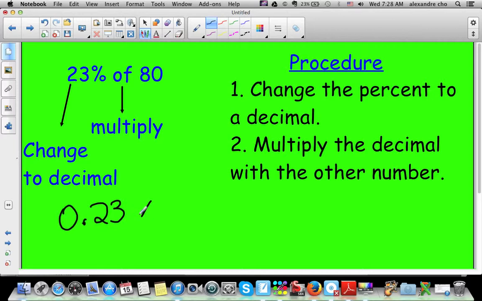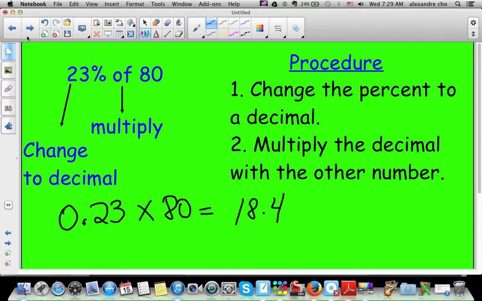Of means multiply. And the answer to that would be 18.4. Okay, so 23% of 80 is 18.4.